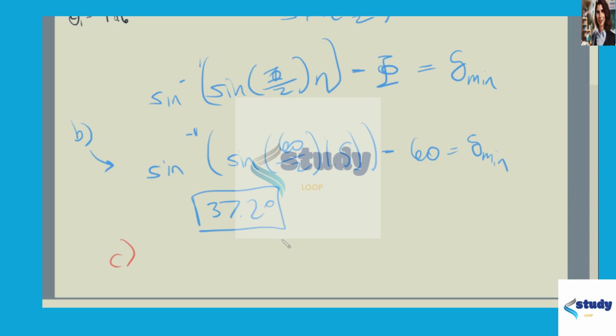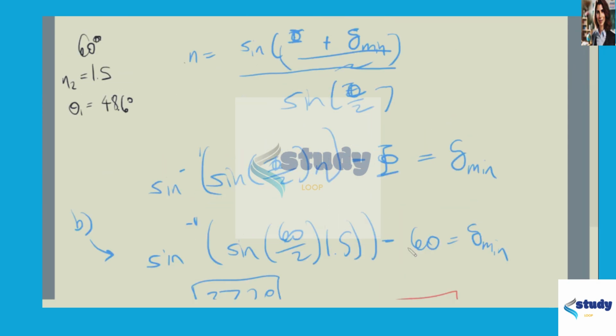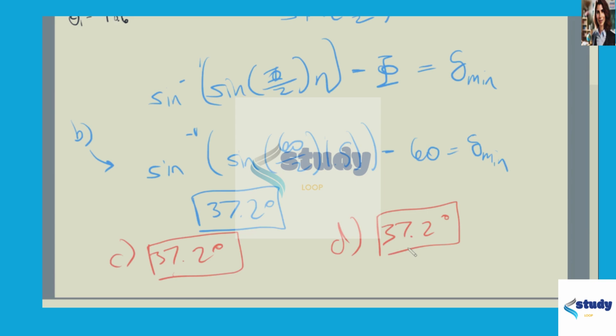So for B, C, and D, the answer is going to be 37.2 degrees because the angle of incidence does not play a role in the angle of deviation. All that matters is the apex angle and the n value of the prism, and that's it. So this is your answer.